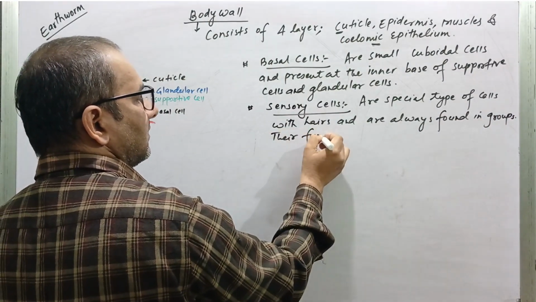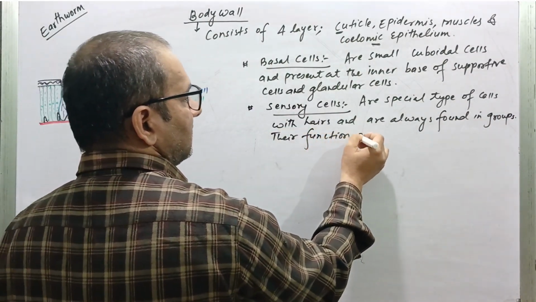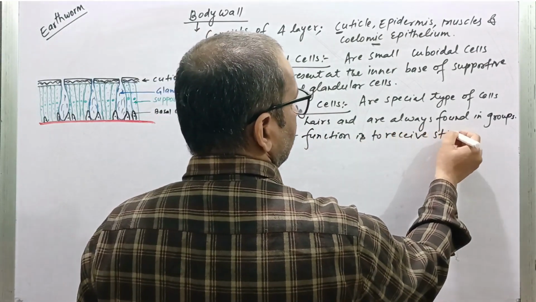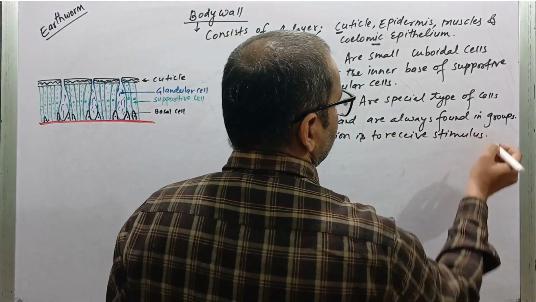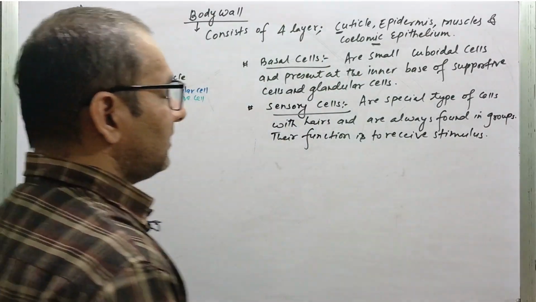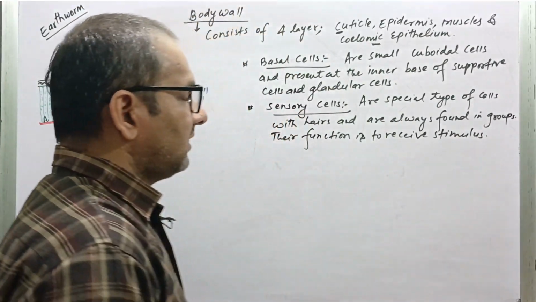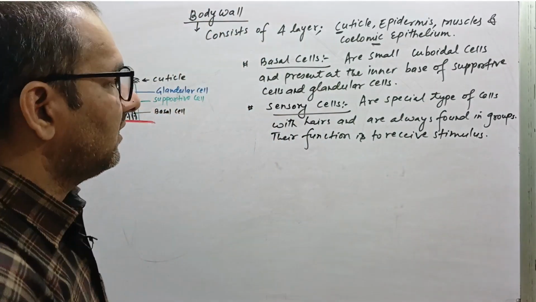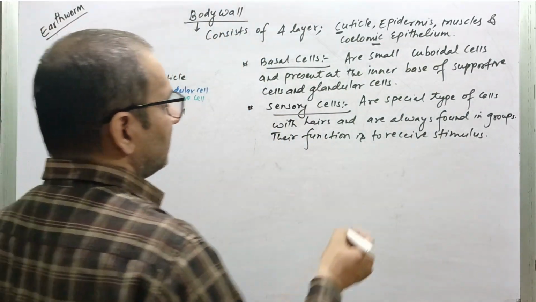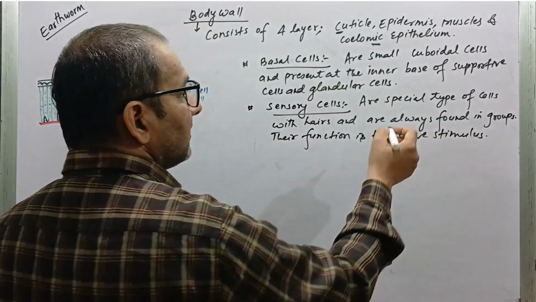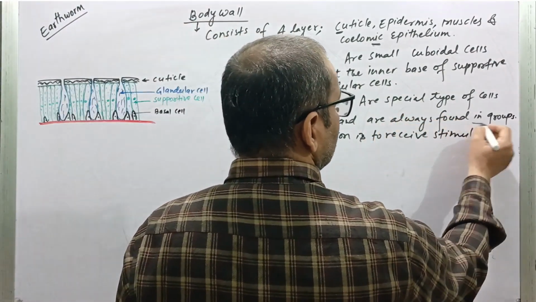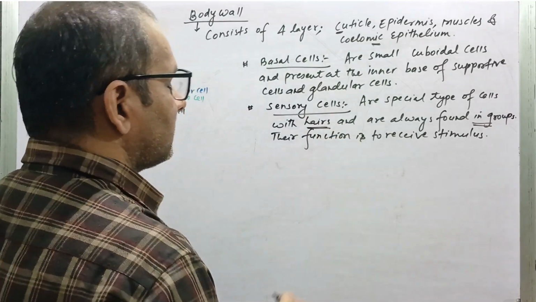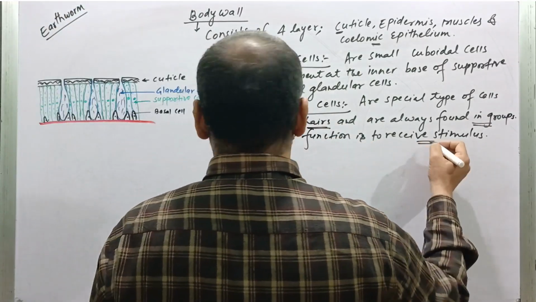Their function is to receive the stimulus. They may be tactile receptors, thermoreceptors, or photoreceptors. They are of different types. They are always present in groups and they are with hairs. Their primary function is to receive the stimulus.